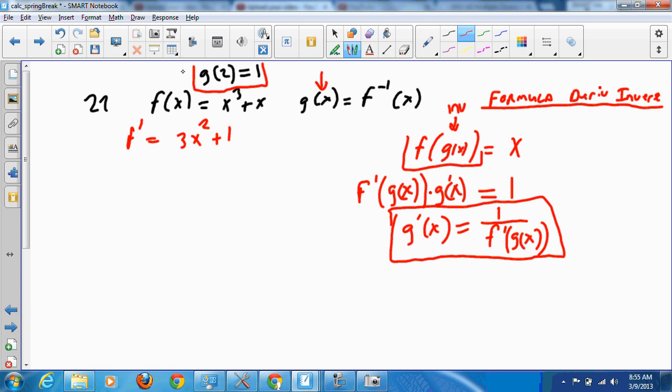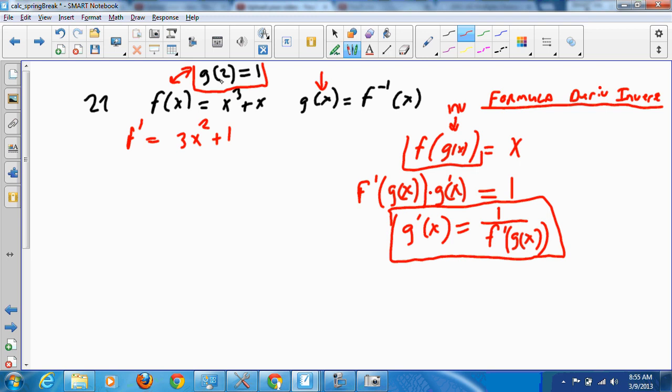So what does that mean? Well, since g and f are inverses of each other, the x's and the y's switch places. So this is the x value for g, and this is the y value for g.